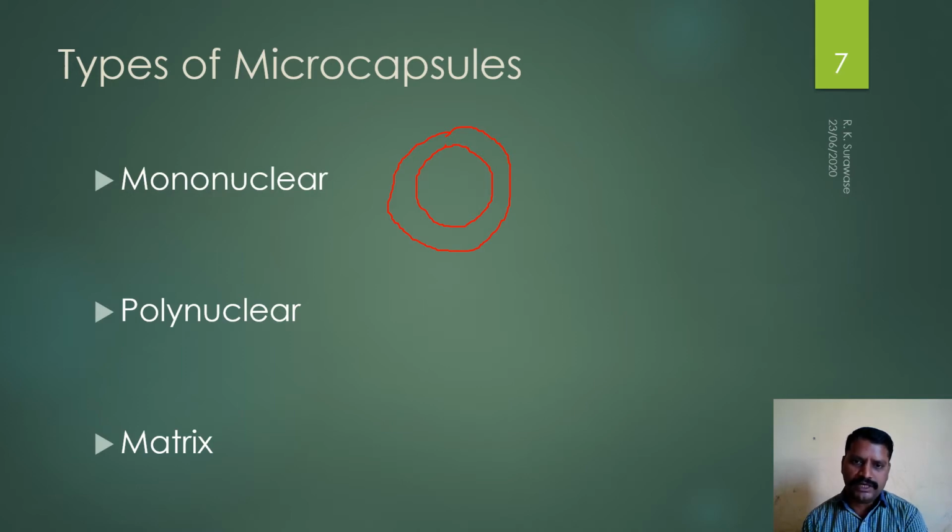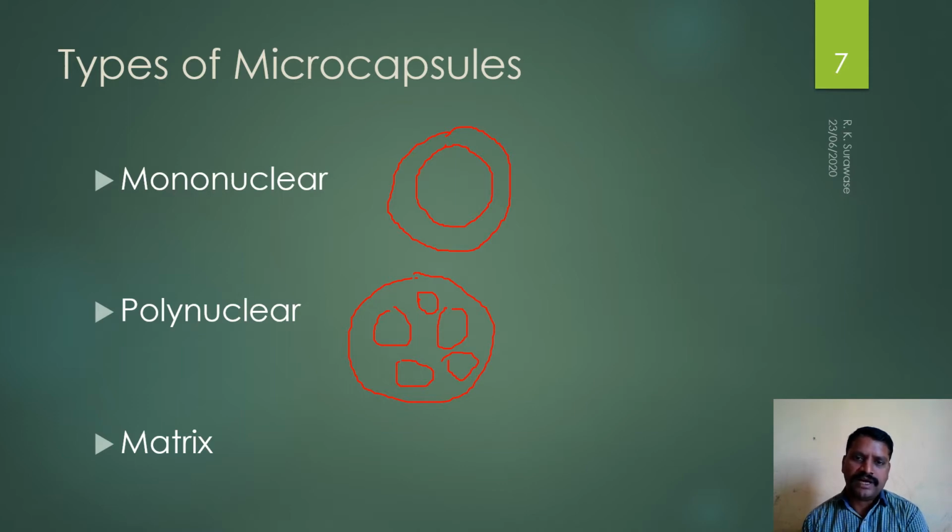The polynuclear means more than two nuclei are there, means 2, 3, 4, 5 molecules of core material get encapsulated with the coating material. So this is the coating material.